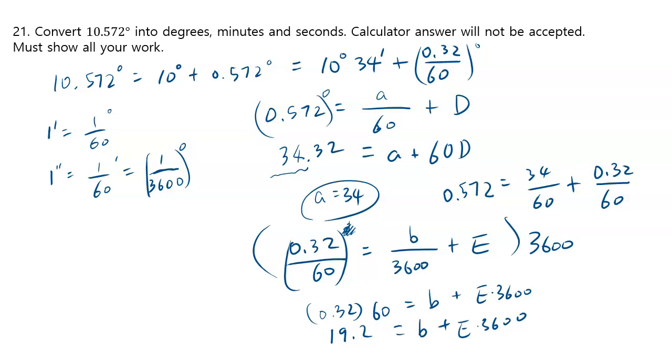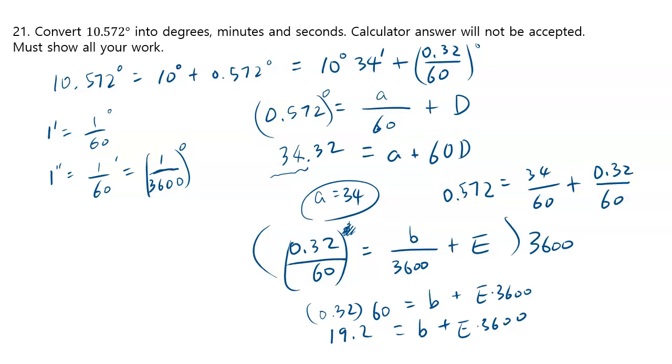But for B, you have to figure out the closest integer. So right now, the closest integer to 19.2 is just 19. But had this been 19.7, you would choose B as 20, because that's closer. Okay, so keep that in mind.